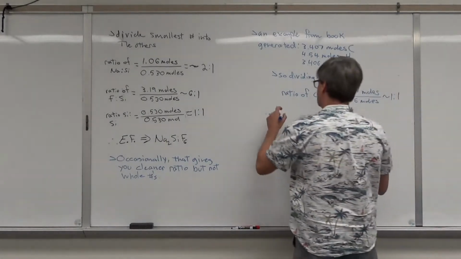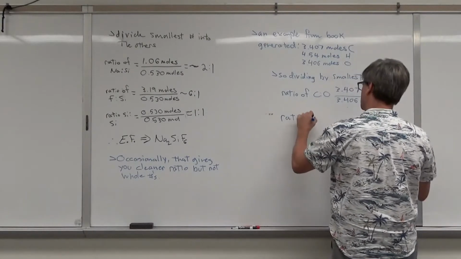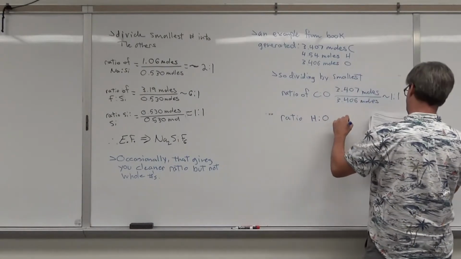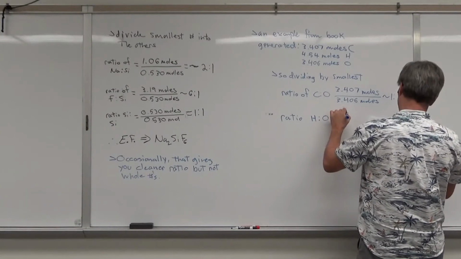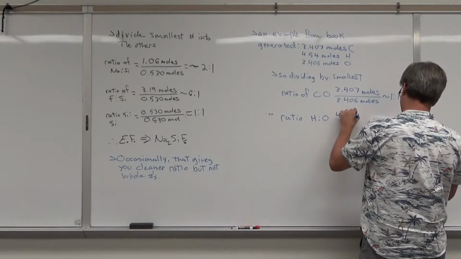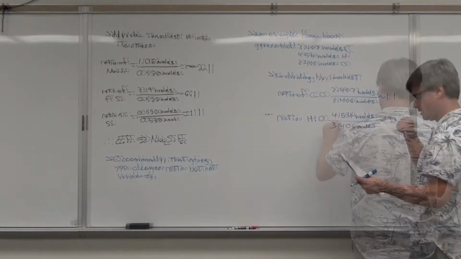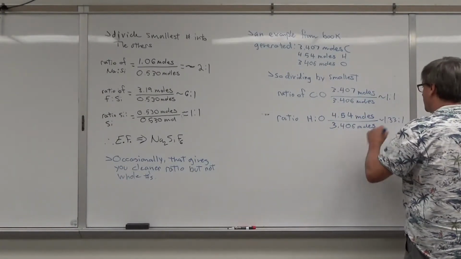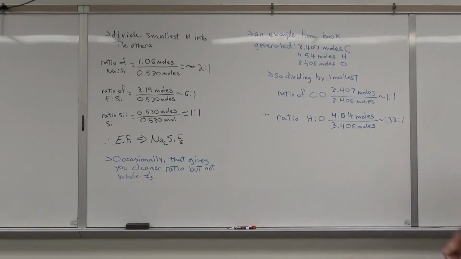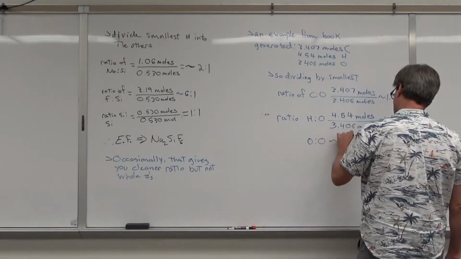All right, and then ratio of hydrogen to oxygen is 4.454 moles. Error there. That should be 3.406, right? Just like it was there. Of oxygen, that gives you 1.33 to 1, and then the oxygen to oxygen is obviously 1 to 1.